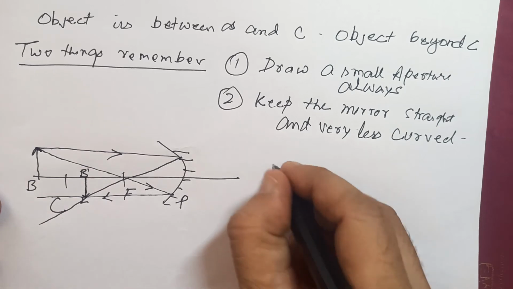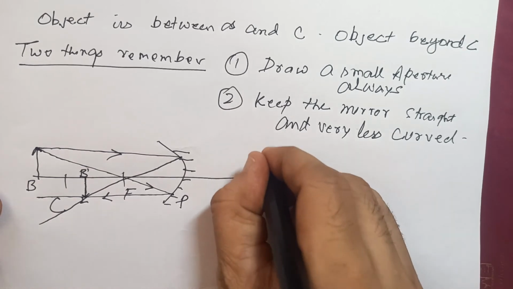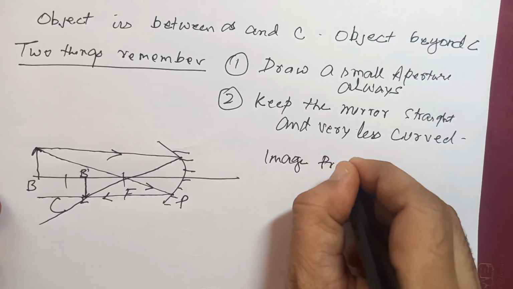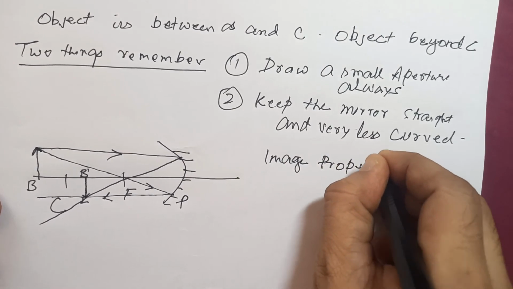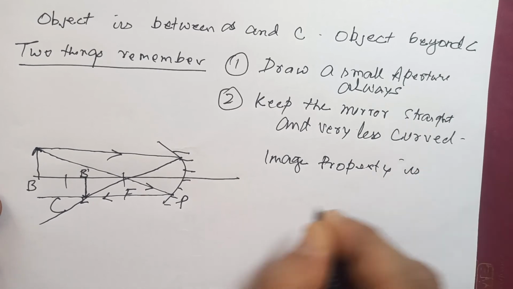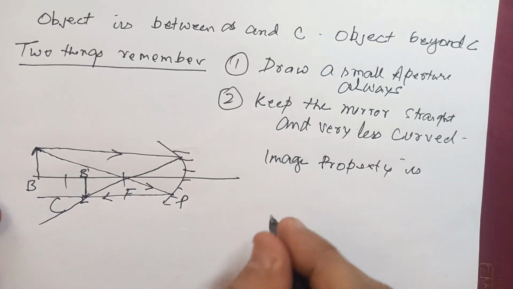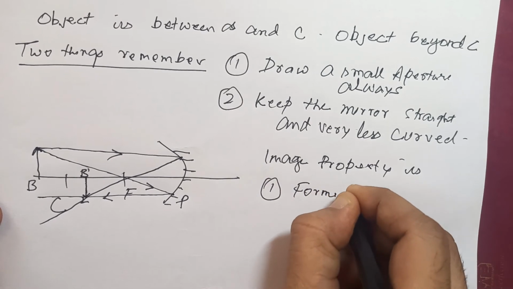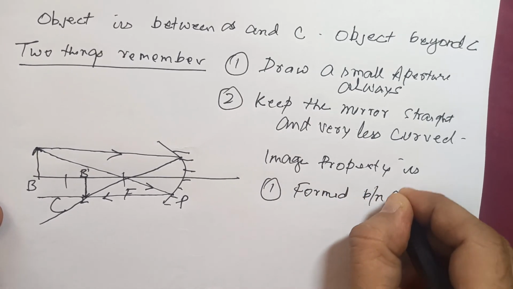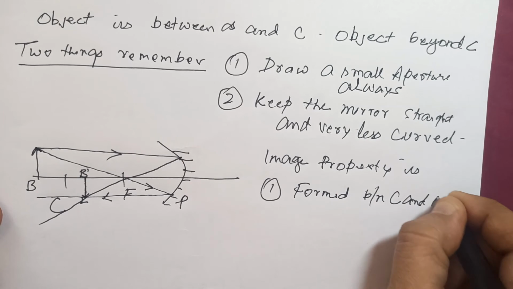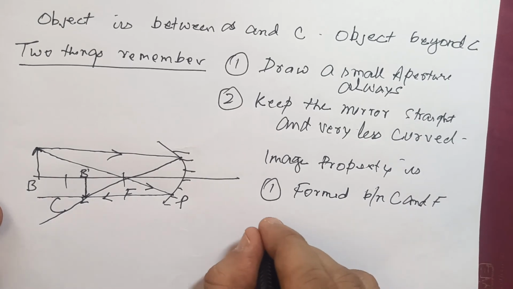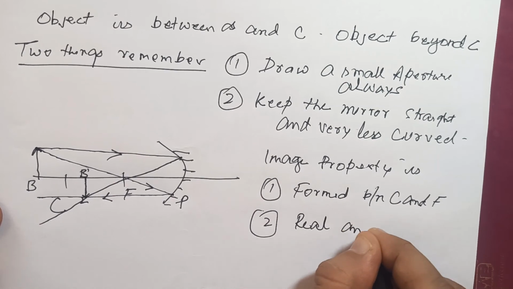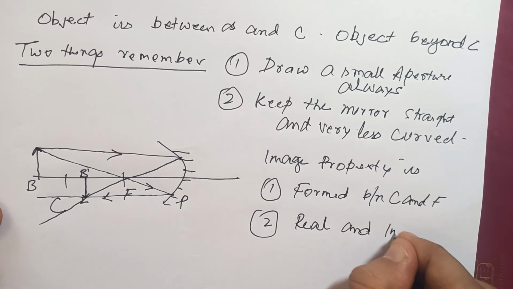The properties of this image: first, it is formed between C and F; second, real and inverted.